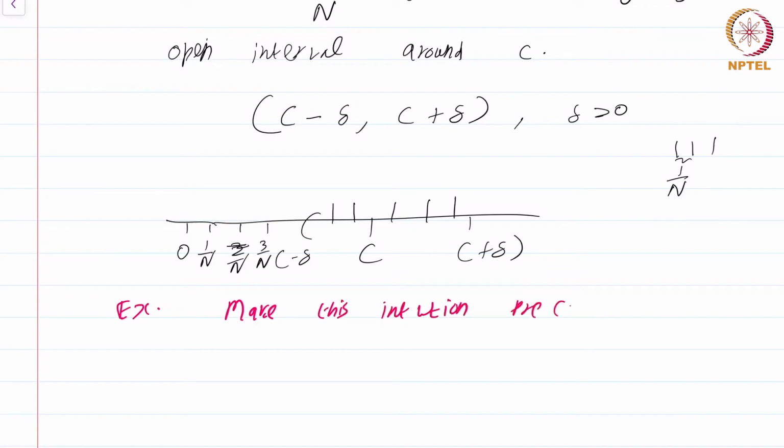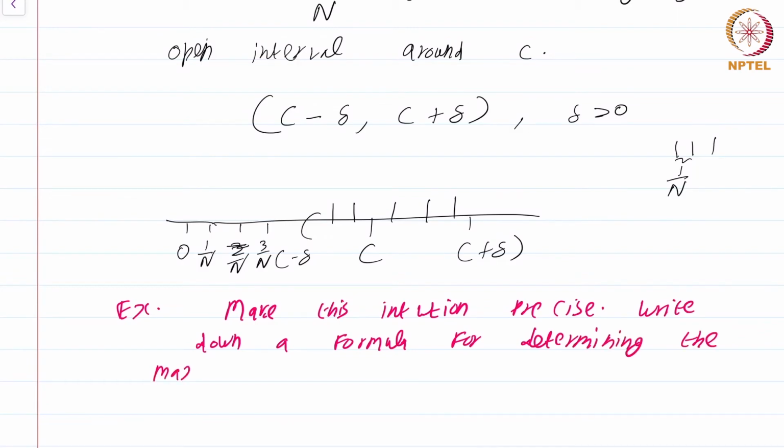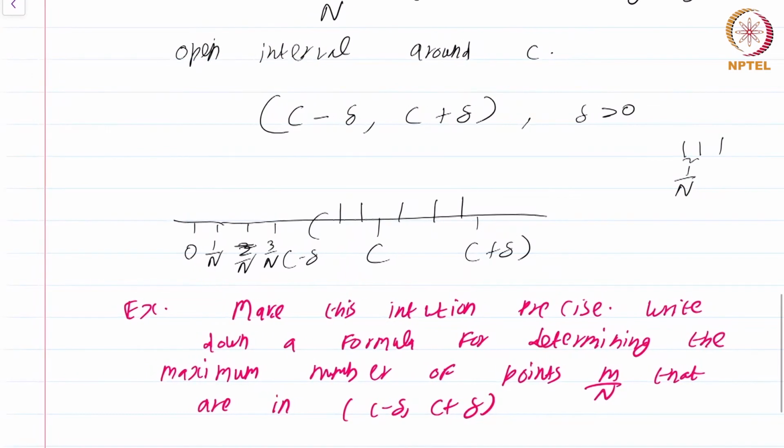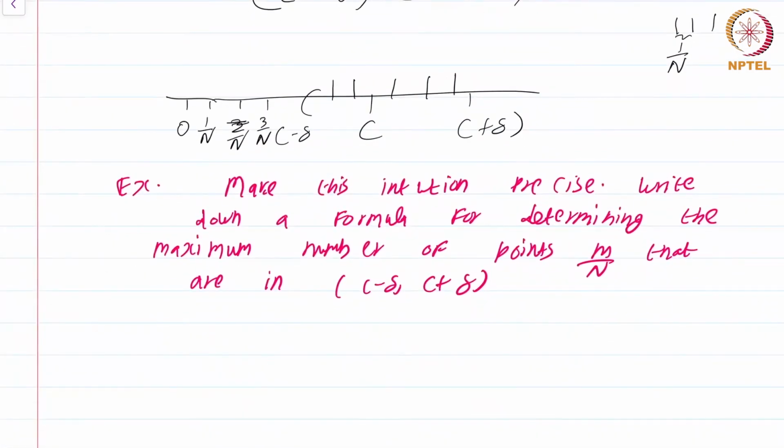In fact, a better exercise is to write down a formula for determining the maximum number of points M by N that are in (C minus delta, C plus delta). In fact, you can write a formula that tells you the maximum number of numbers of the form M by capital N that are in (C minus delta, C plus delta).